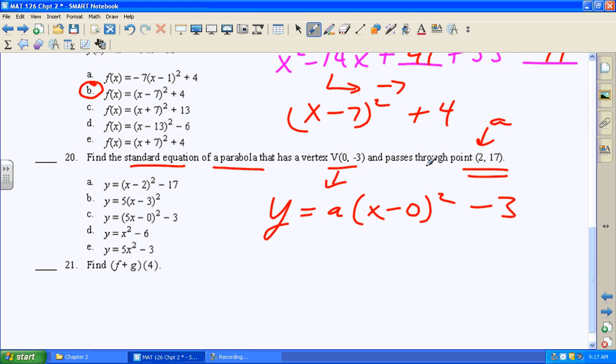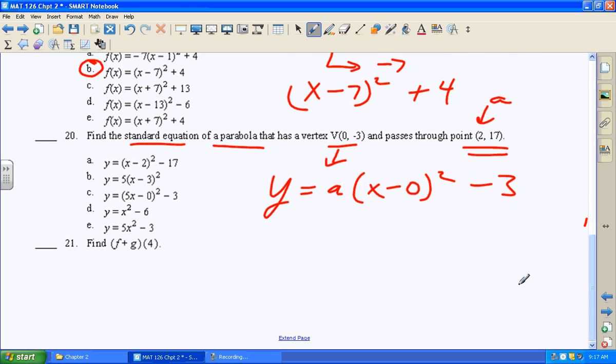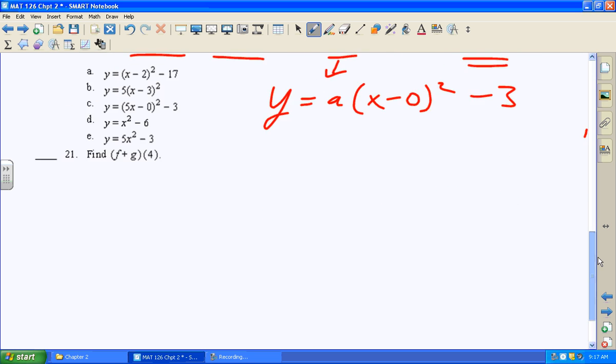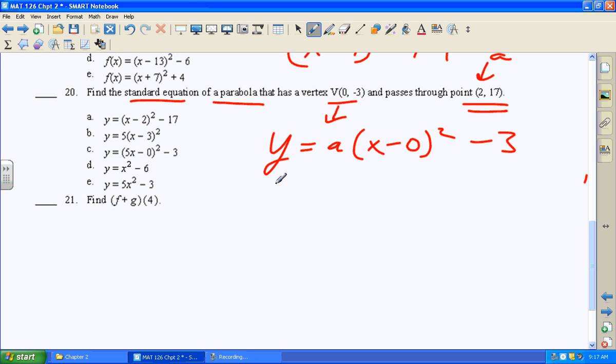And then you put in your point to find out what a is. Okay? So your equation is going to be y equals a x squared minus 3. You just got to figure out what a is. So to find a, you put in your point, 2 and 17.